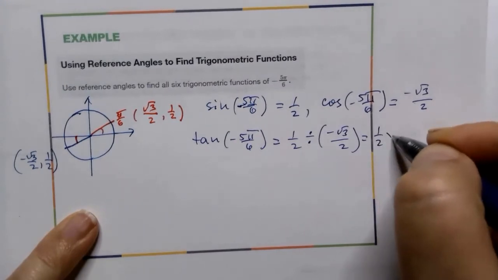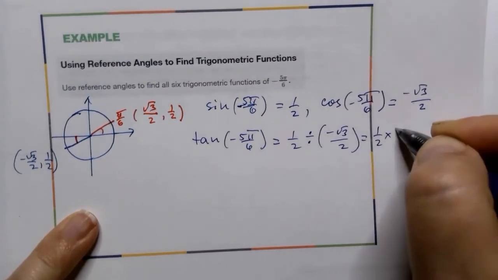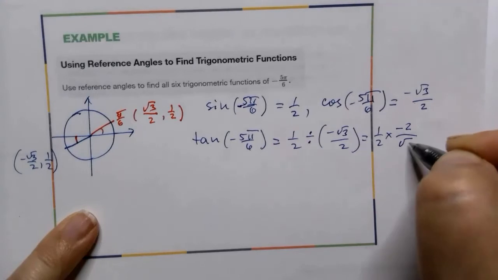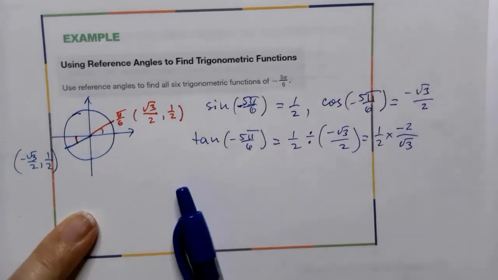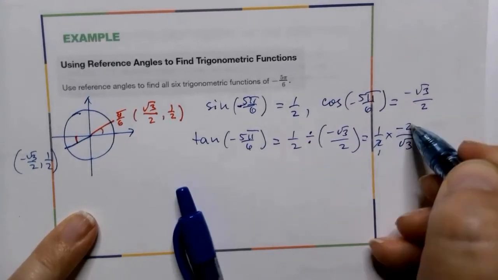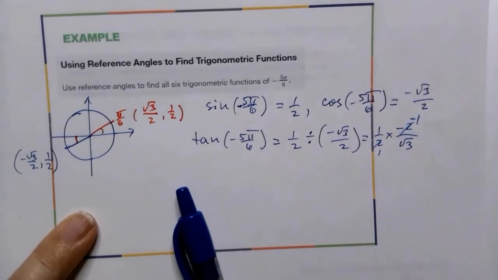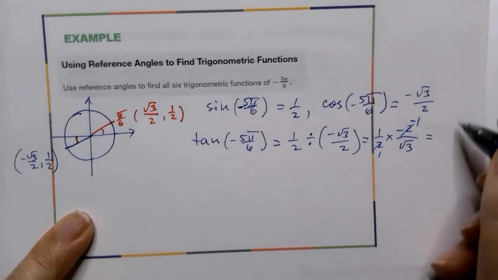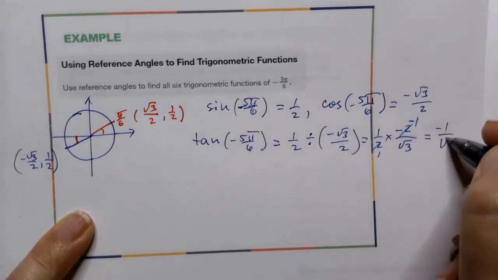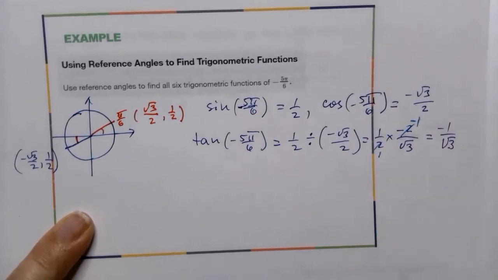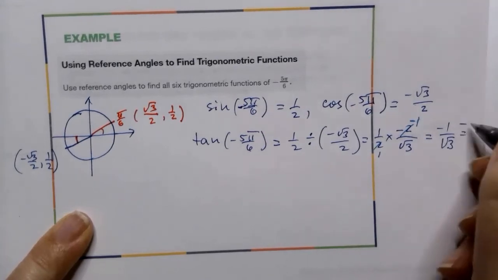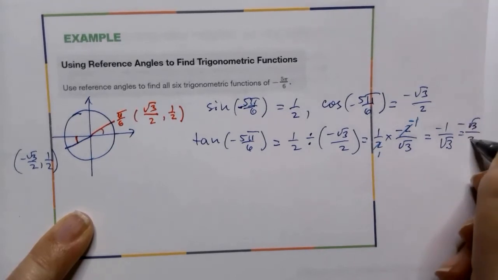So 1/2 times negative 2 over root of 3. So the 2s cancel out. We are left with 1 and a negative 1. So we have negative 1 over root of 3. And again, rationalizing the denominator will give us negative root of 3 over 3.